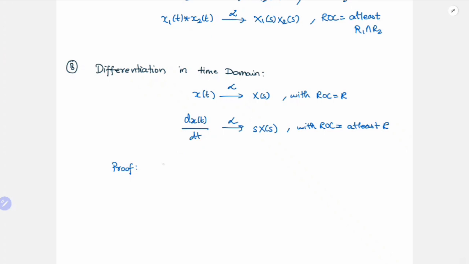You can get it from the inverse Laplace transform equation, which is nothing but the integral from sigma minus j infinity to sigma plus j infinity of X(s) e^(st) ds. So if you take dx(t)/dt, I can take it inside the integral.